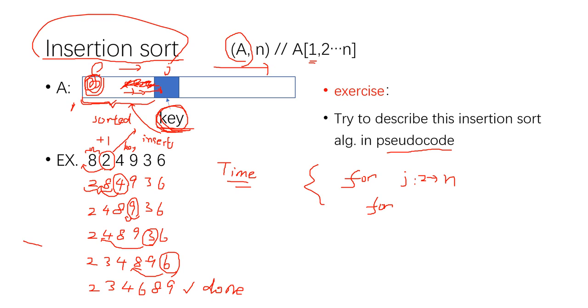So it's totally 2 layers of loops. So I will leave the other part for you as an exercise. Try to describe this insertion sorting algorithm in pseudocode. Okay.